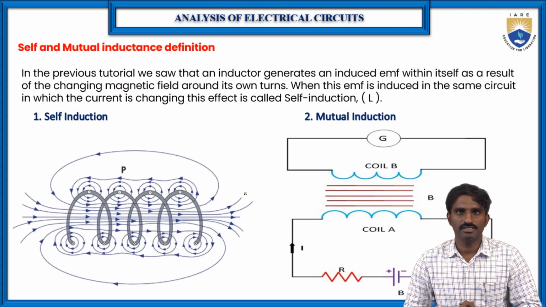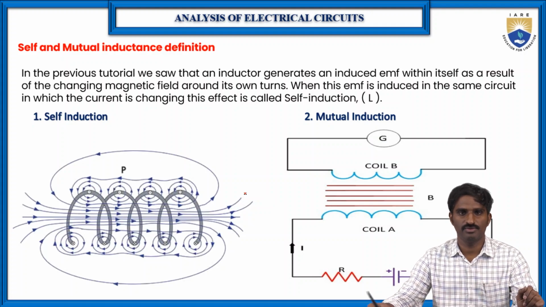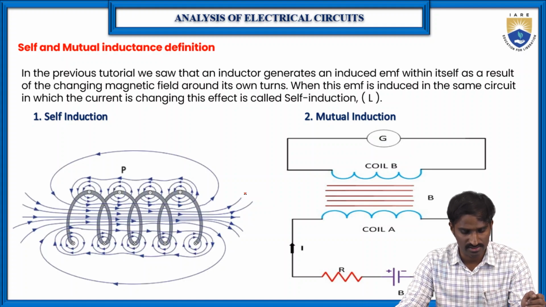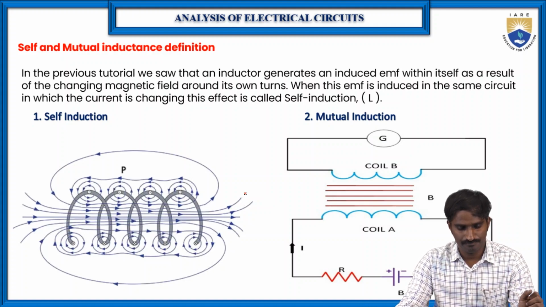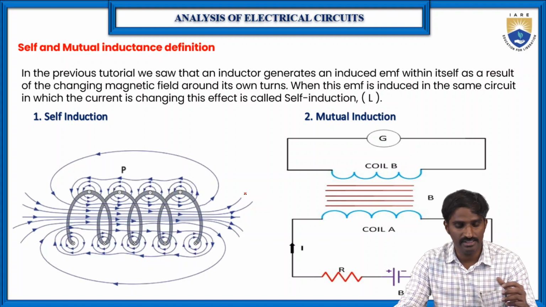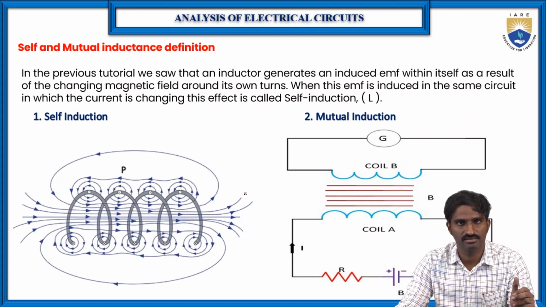Then finally, the concept of self-inductance and mutual inductance. Of course, self and mutual inductance depend on Faraday's laws. As we already know the concept of EMF, how EMF is generated in a particular coil, when EMF is induced in the same circuit, that is called self-inductance.